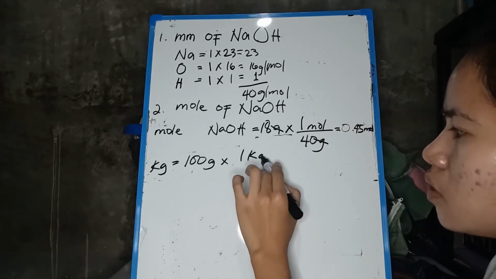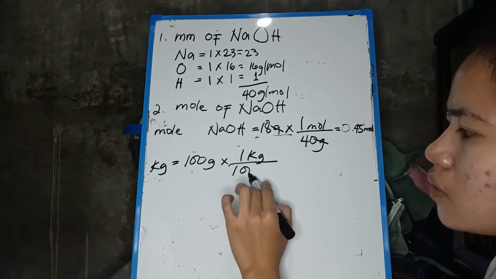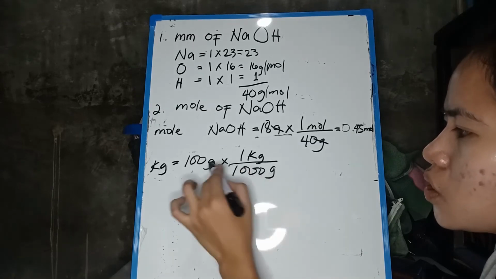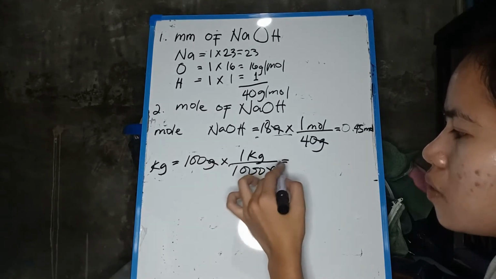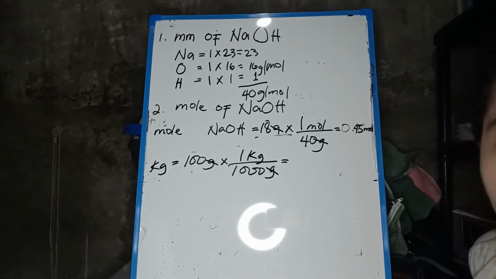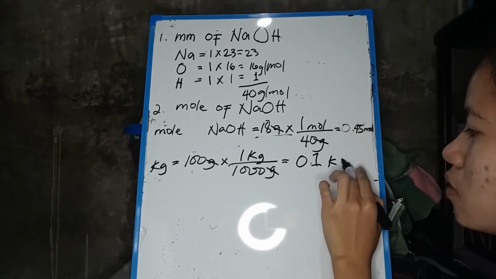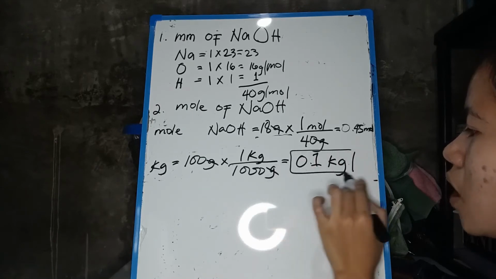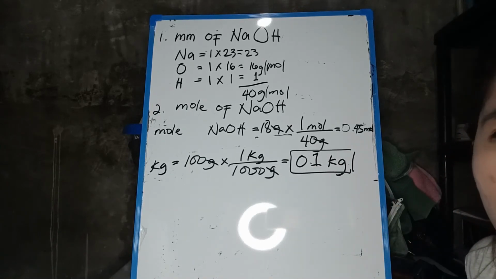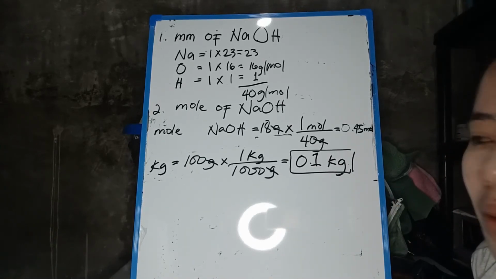So, 1 kilogram over 1,000 grams. So, we're going to cancel out the grams so that mabilin ang kilogram. So, 100 divided by 1,000 is equivalent to 0.1 kilogram. So, we have now our mass of solvent in kilogram.